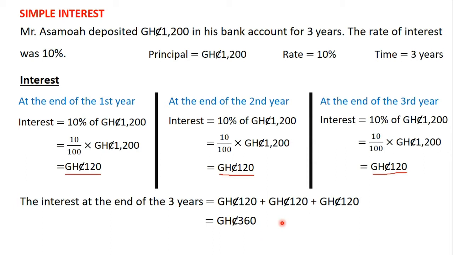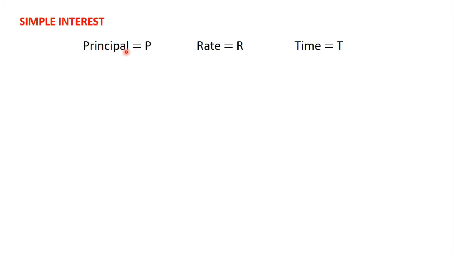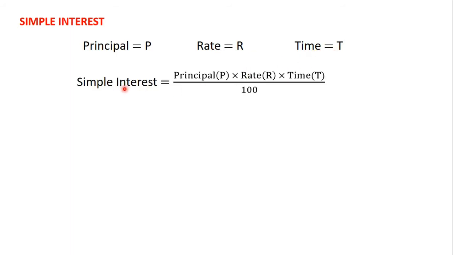This is how to calculate for simple interest. To make things simpler for us, there's a formula that we can use to calculate for simple interest. If P represents the principal, R represents the rate of interest or the rate, and T represents time, then simple interest is equal to the principal P times the rate R times time T divided by 100.